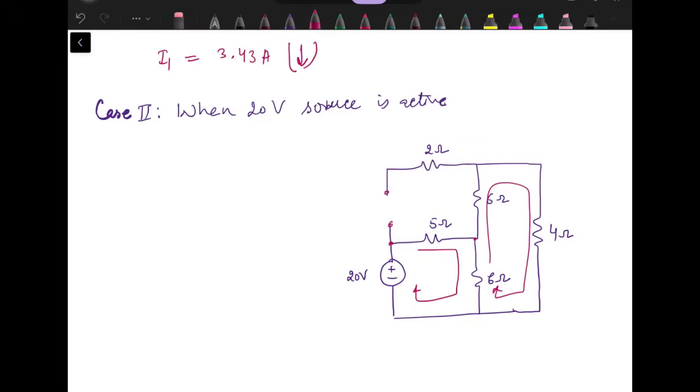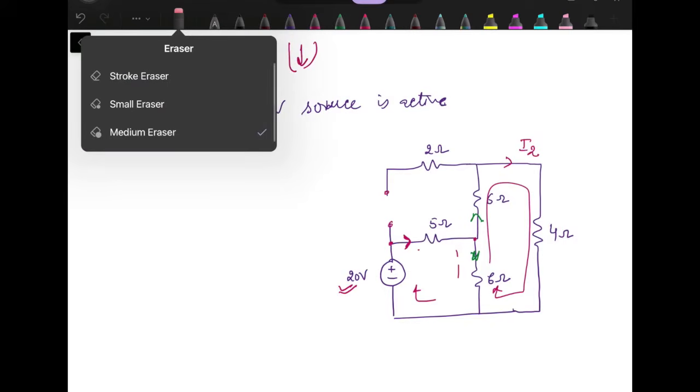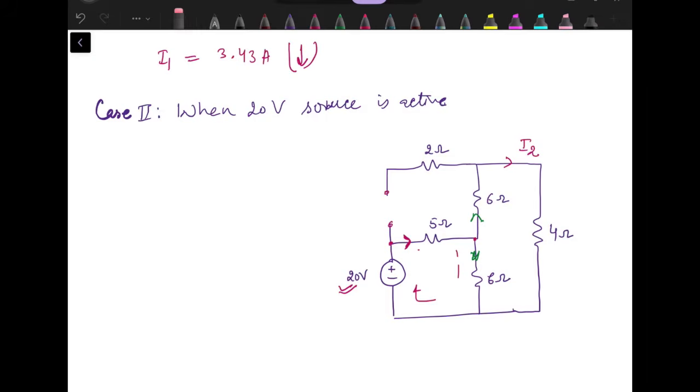So now it's again our choice how we want to find the current. We can find the current by mesh analysis. We can find the current through this 4 ohm resistance by finding how much current is supplied by this 20-volt source, and then obviously that current will get divided into two parts, through the 6 ohm and through the 6 which is in series with the 4 ohm resistance.